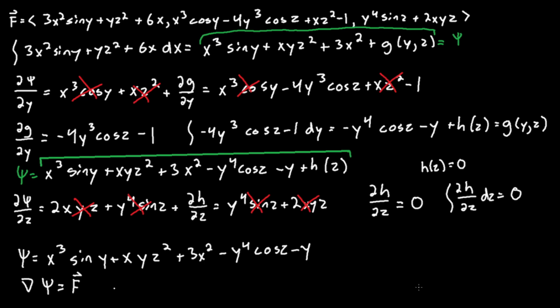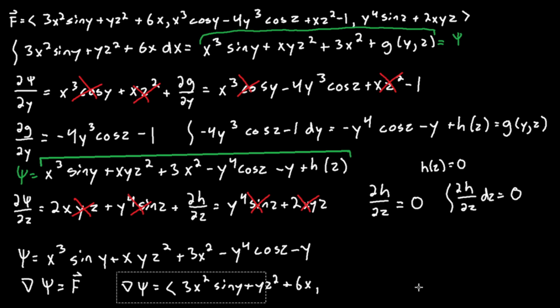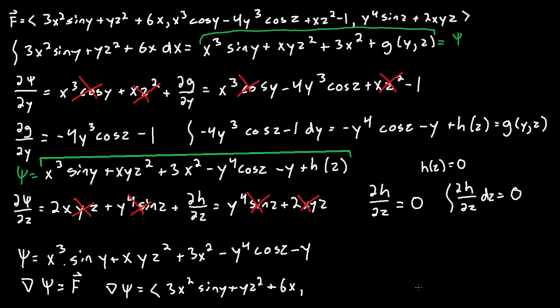And the gradient of phi would be equal to the x partial of everything here, which is 3x squared sine of y plus yz squared plus 6x. The next component is the y partial: x cubed cosine of y plus xz squared minus 4y cubed cosine of z minus 1.